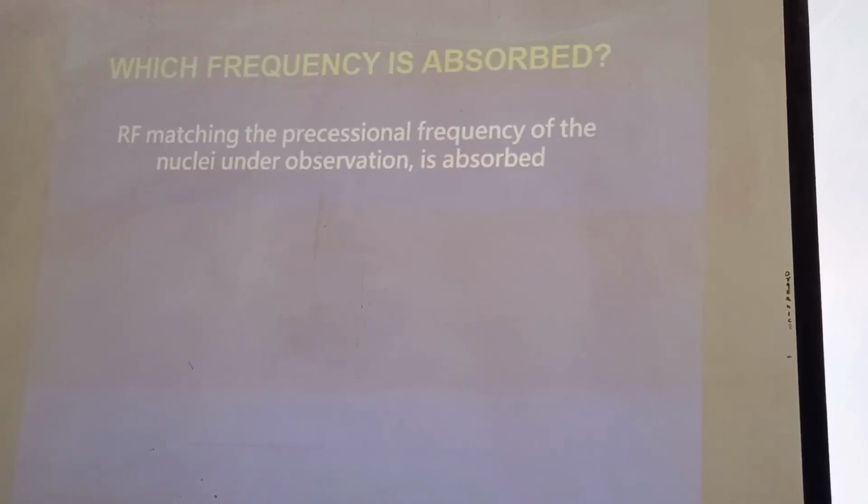But your question still remains, that if we are talking about one type of nucleus, that is proton, all of these protons have the same gyromagnetic ratio. They have the same magnetic moment. They have the same angular momentum. They have the same Larmor frequency. So if all of them have the same Larmor frequency under the same magnetic field, they should absorb the same frequency.